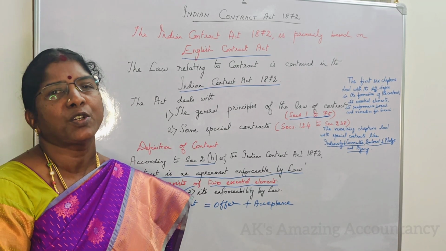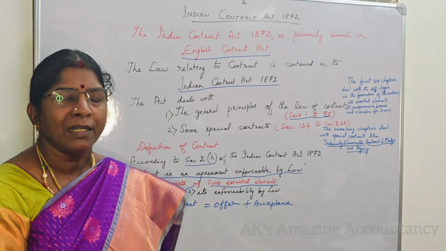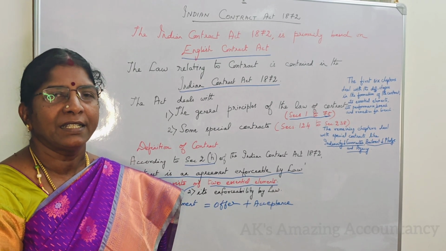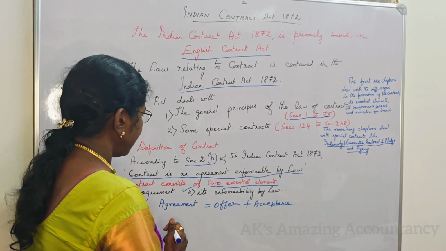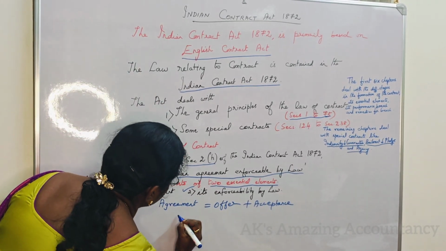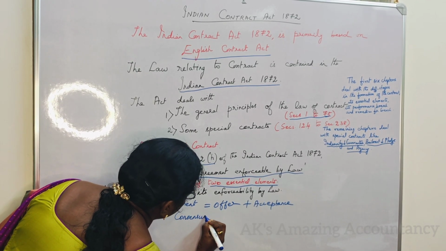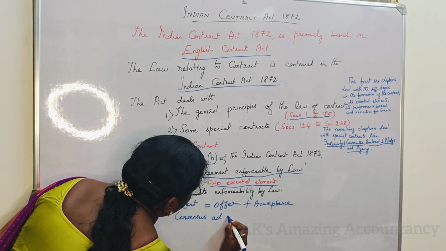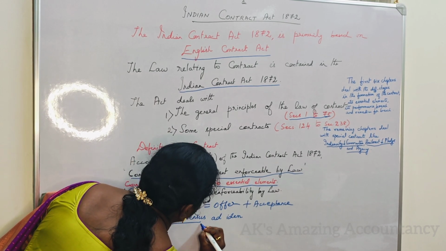Whenever we talk about an agreement, you should be familiar with a Latin phrase, consensus ad idem. Let me write it here. Consensus ad idem. You have to know the meaning for this.